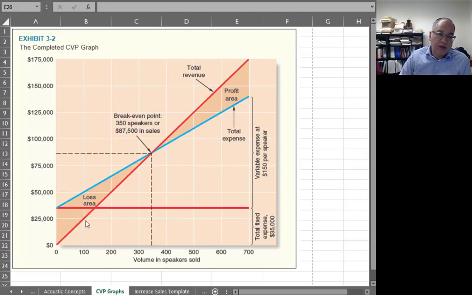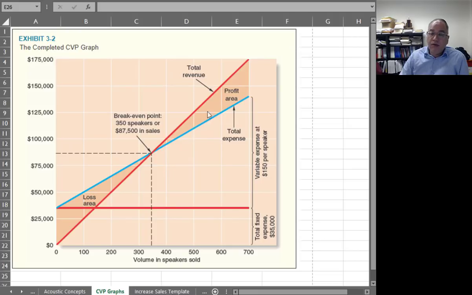Revenue is going to be the red line that starts at 0, because if you sell 0 units, you have 0 revenue. And it's going to be a line increasing at your sales price. The slope will actually be the sales price. So the greater the volume, the greater the revenue. And then the area between the revenue and the expense, because revenue minus expense equals net income, is going to be equal to net income and net loss.